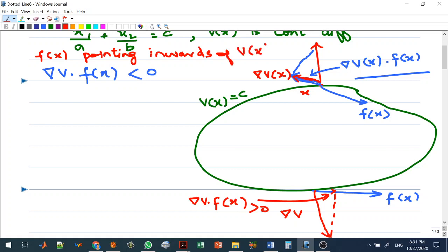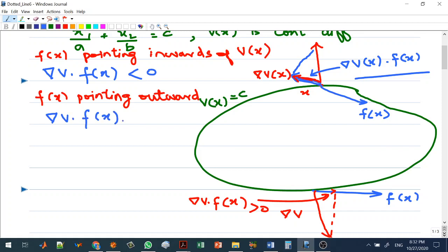Here we write f(x) pointing outward, so in that case, and similarly if f(x) is tangent to V(x), right?